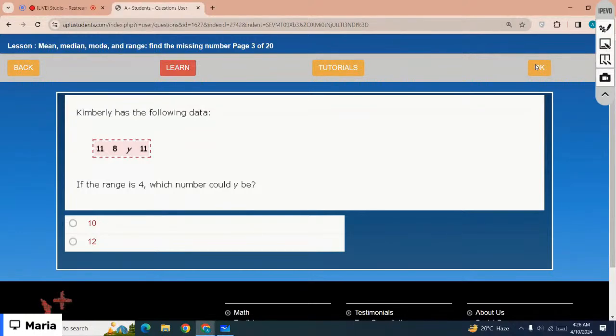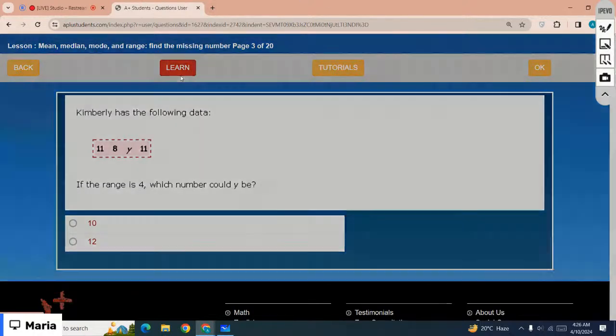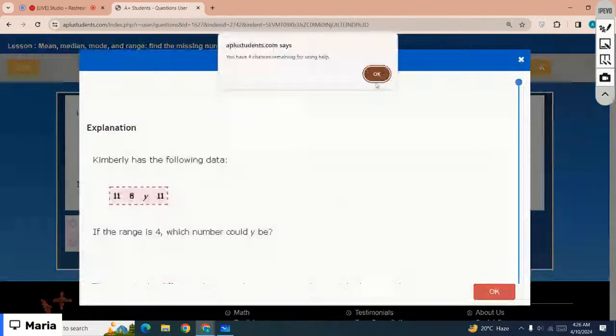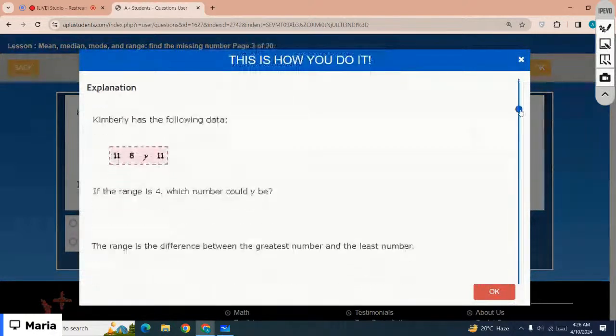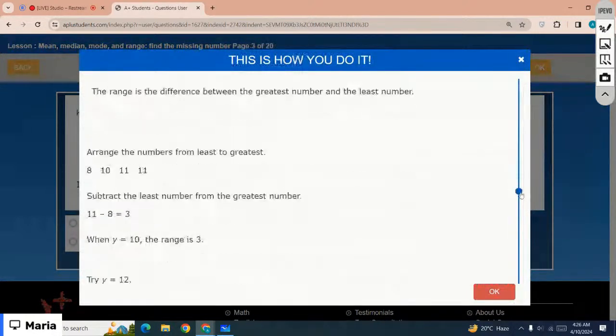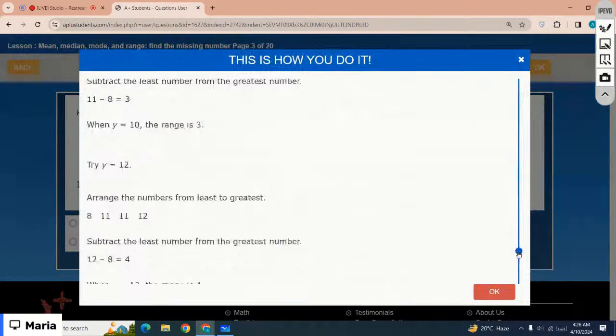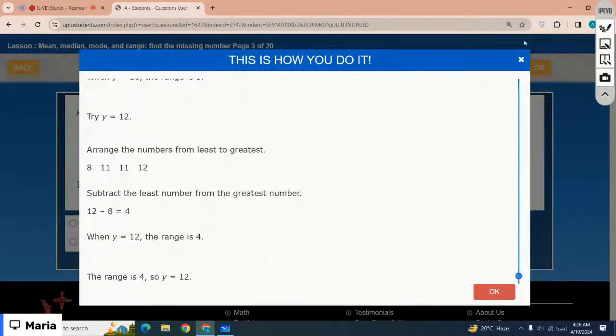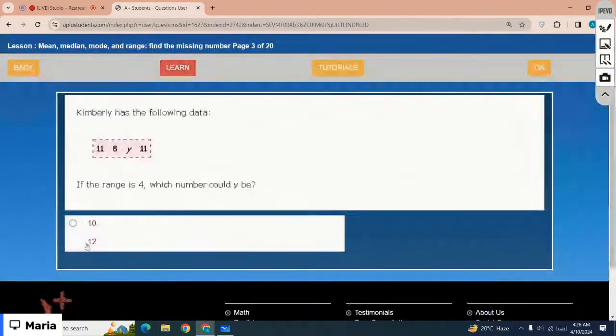Range is the difference between the greatest and the smallest number in the given data, right? Let's suppose the greatest is 11, which is the smallest number that has the difference. I think there's something wrong with the options. Let me just see the solution. Oh, 12 it is. Because here you have 8 and 12 minus 8 is 4. The correct option is 12.